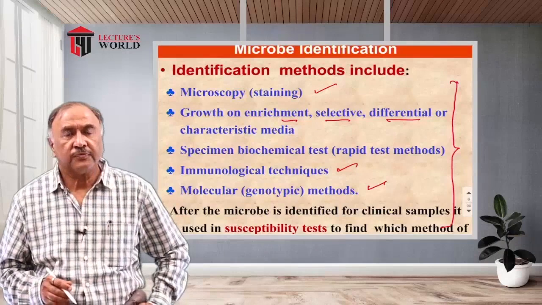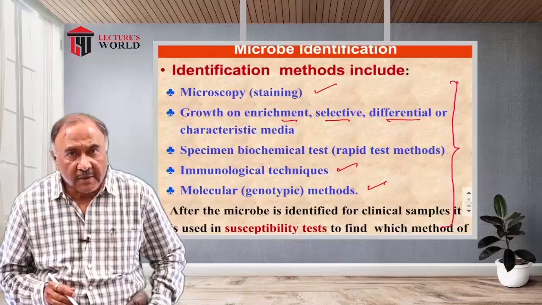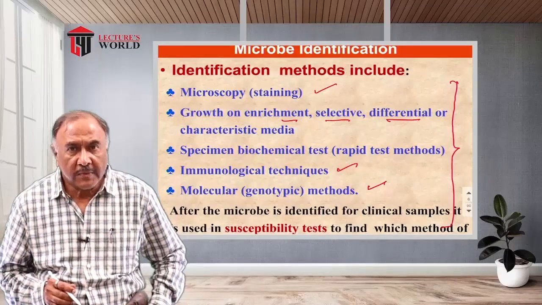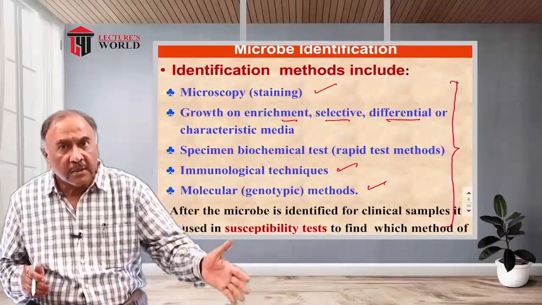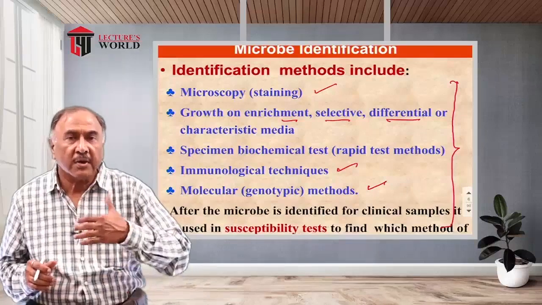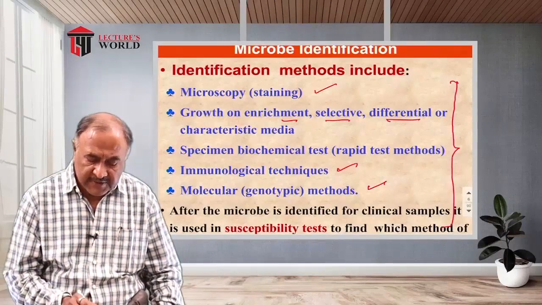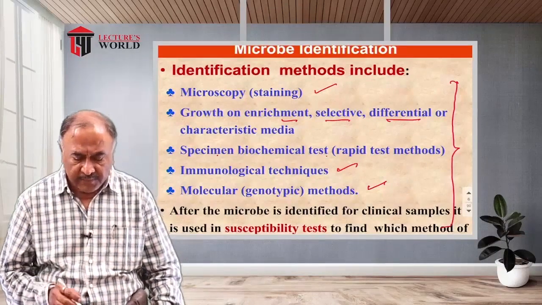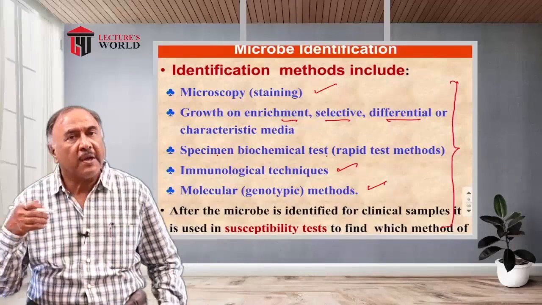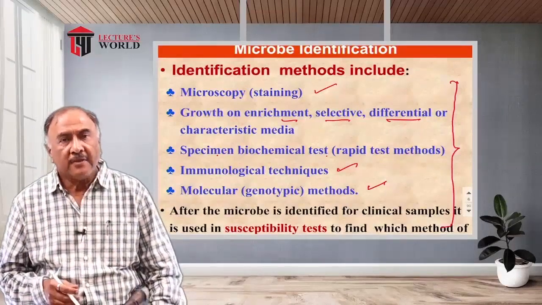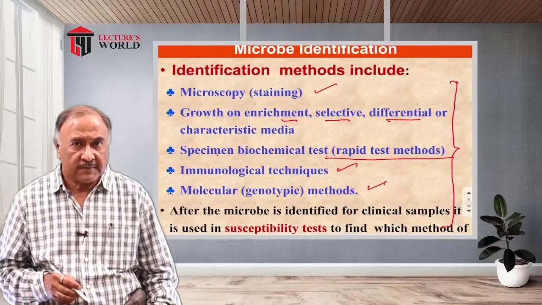Once we have been successful in isolating these organisms, separating them from the other non-target organisms, or I would say contaminants, then we go for biochemical tests. It can be rapid test methods or conventional methods. This would lead to the identification of the organism.